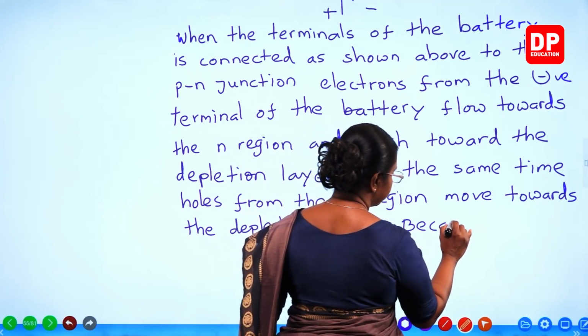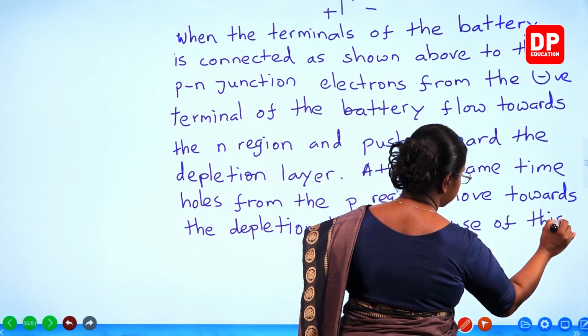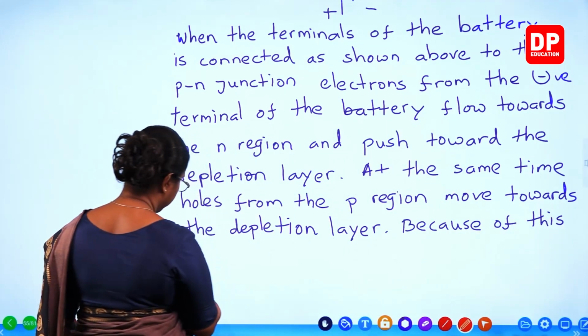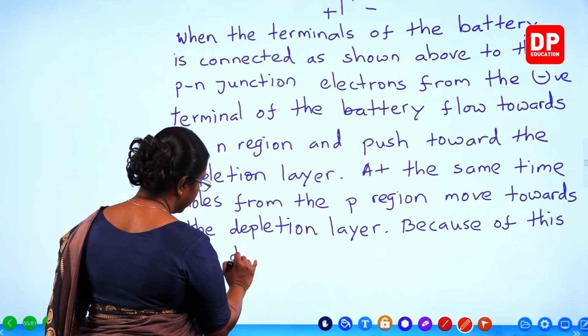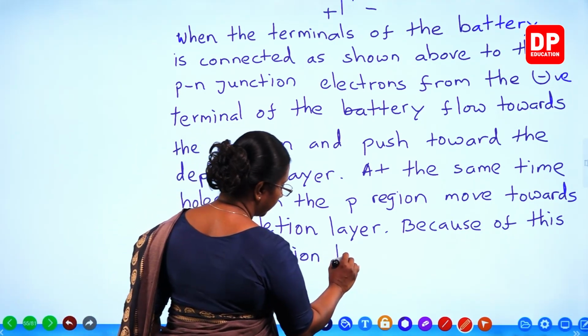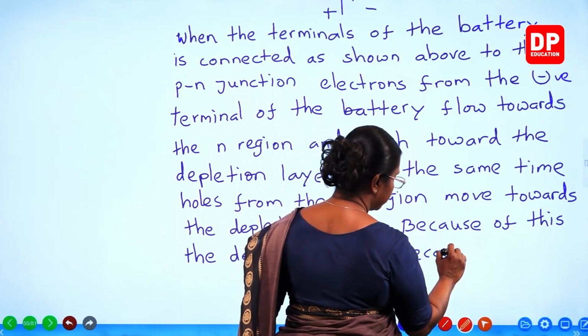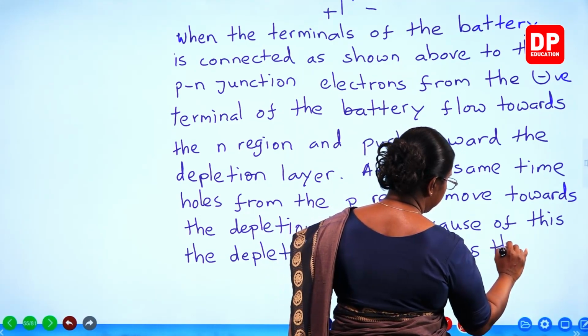Because of this, the depletion layer becomes thinner.